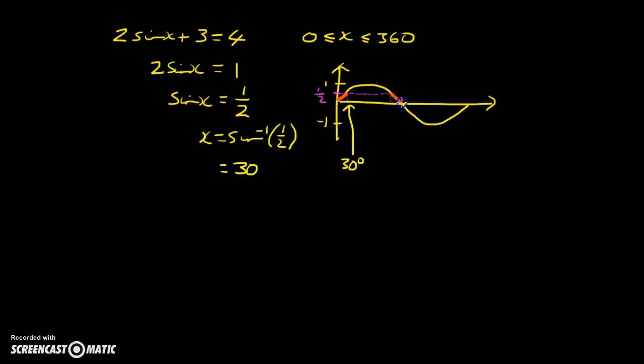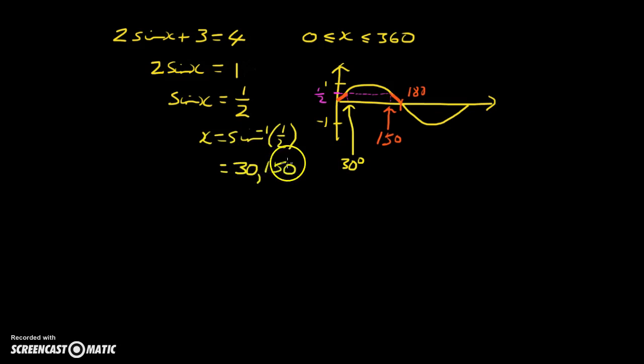Well, this point here we know is 180, therefore that point there must be 180 subtract 30 by symmetry. So 180 subtract 30 is 150. So our other solution is 150.